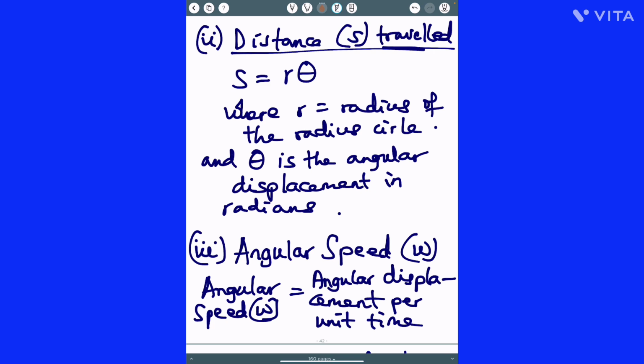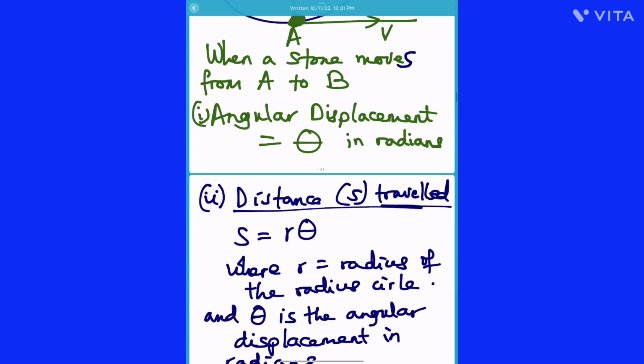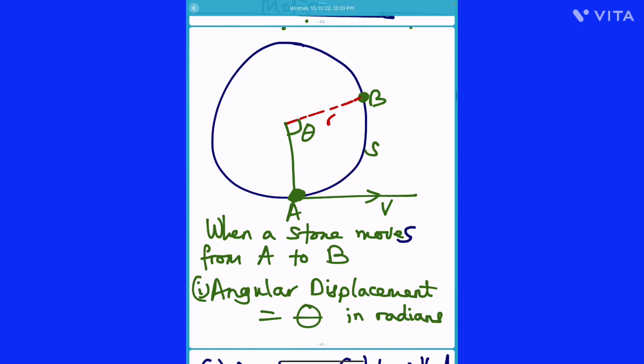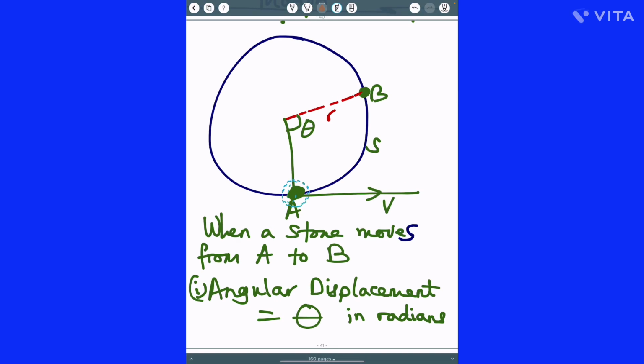Distance S, distance traveled. Now, in this diagram that I drew here, if this object goes around from point A to point B, it has turned angle theta. That's the angular displacement.